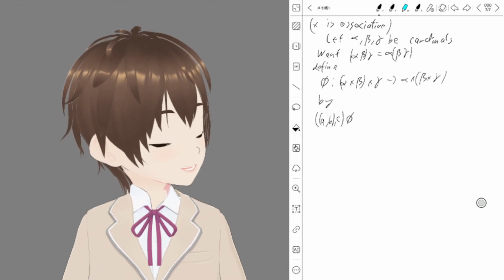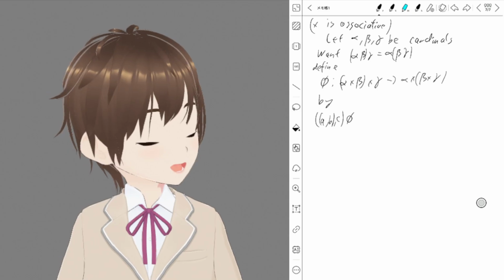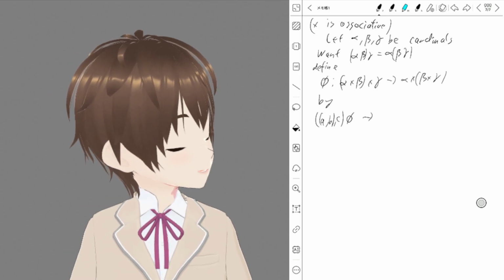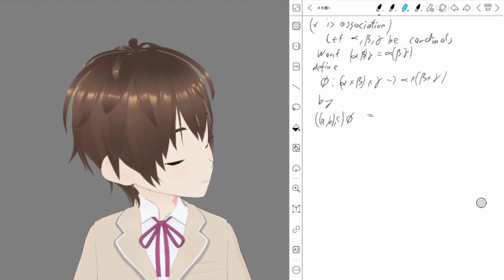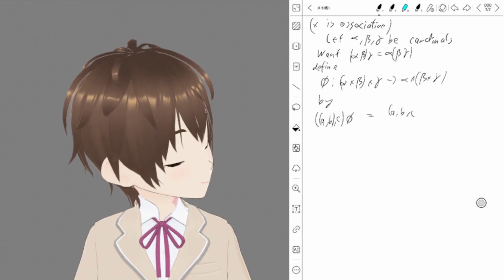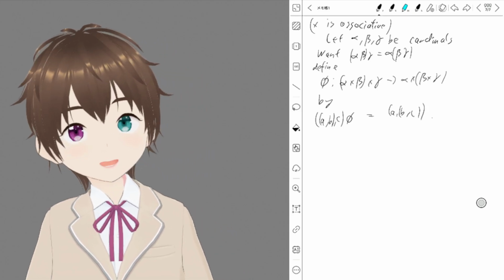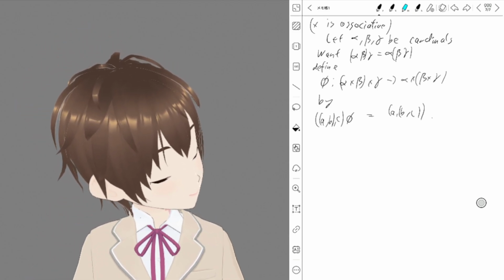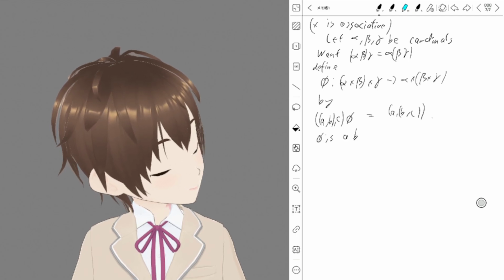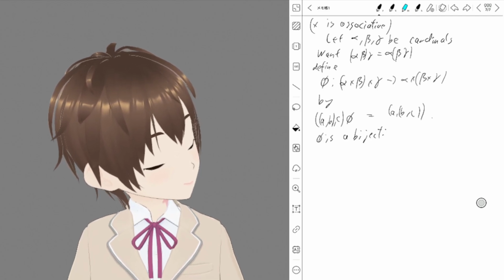So here I've tagged the thing in the product with the thing in the gamma. And I just map this to the same thing with the bracket in a different place. This is (a, (b, c)), which is what an arbitrary element of the right thing looks like. And this is clearly a bijection. Yeah, so this phi is a bijection. So they have the same size.